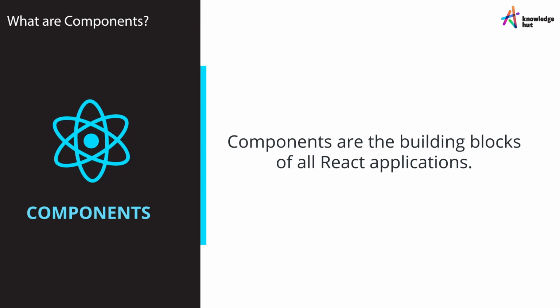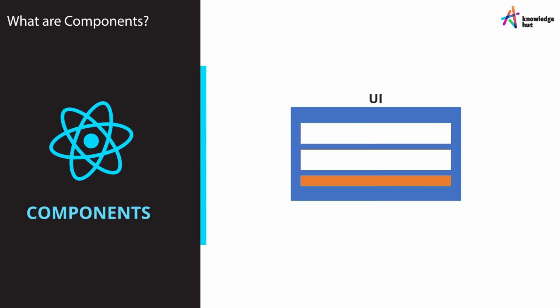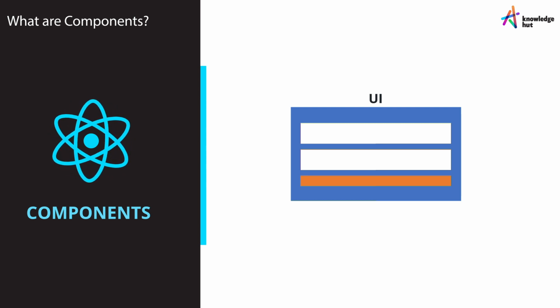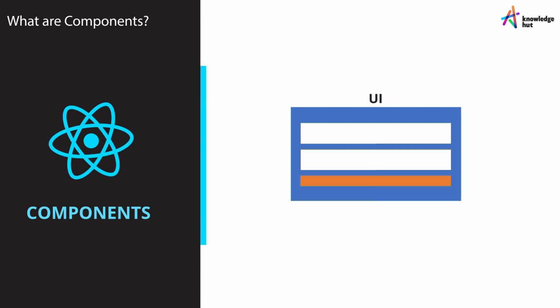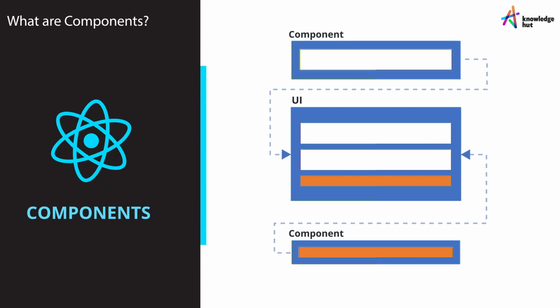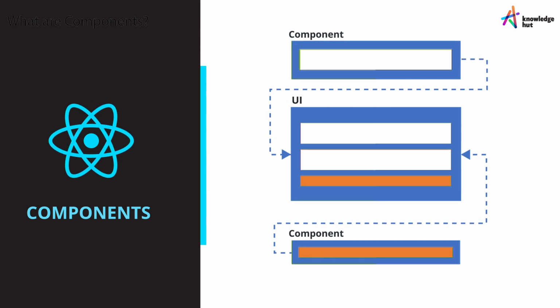Components help you break down a larger interface into smaller units that can be built and maintained independently. This means you do not build your interface as one big monolithic unit, but instead smaller units that work cohesively together.